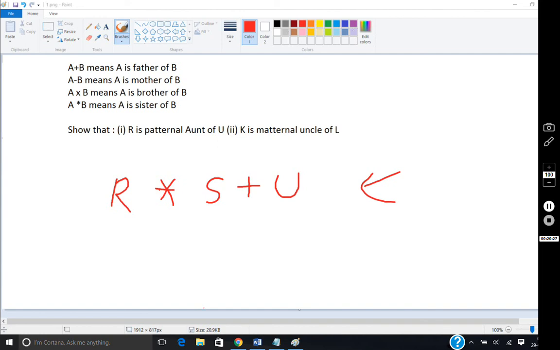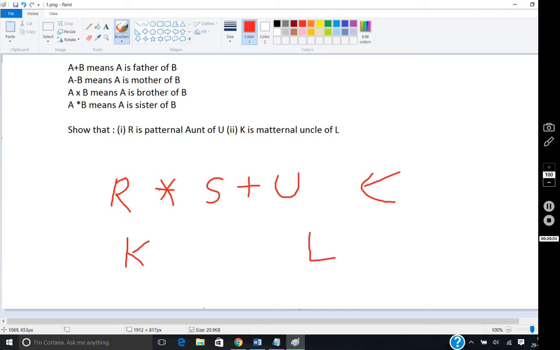Now in the second question we have to show K is maternal uncle of L. Write K here and write L here. K is maternal uncle of L. It means K will be the brother of L's mother.